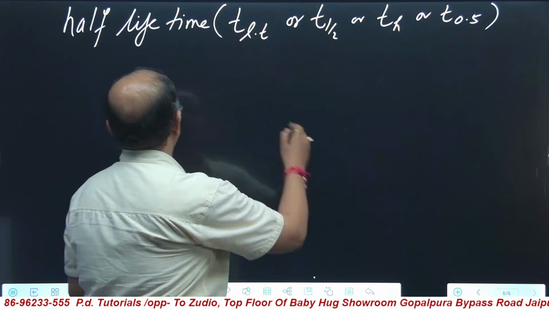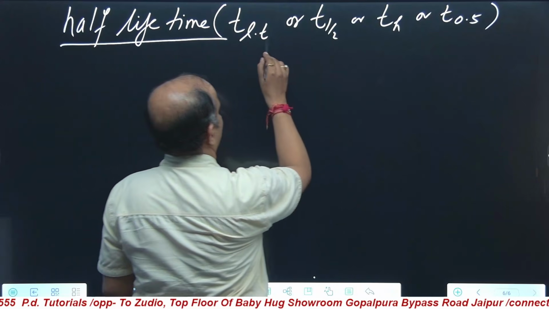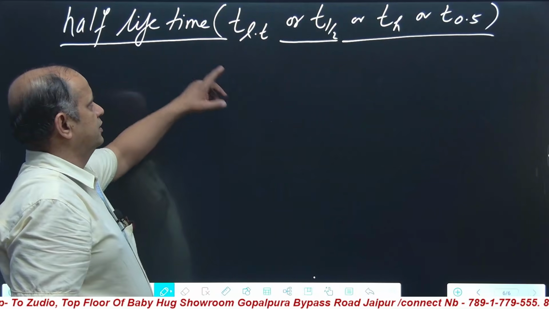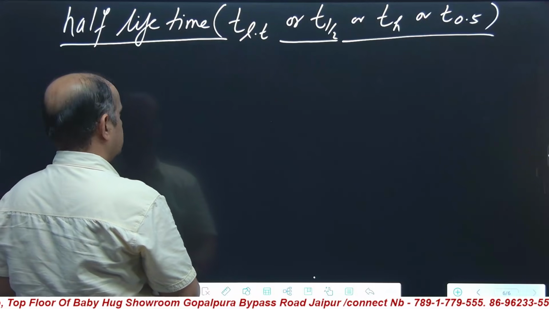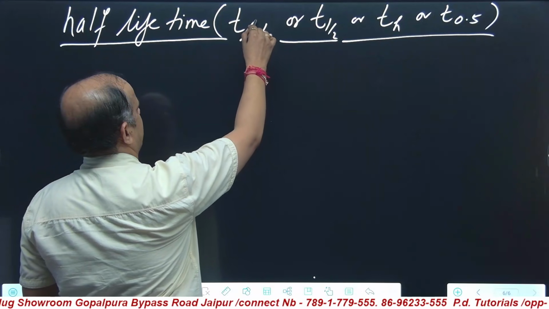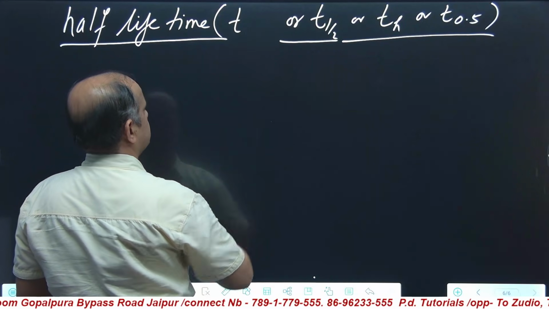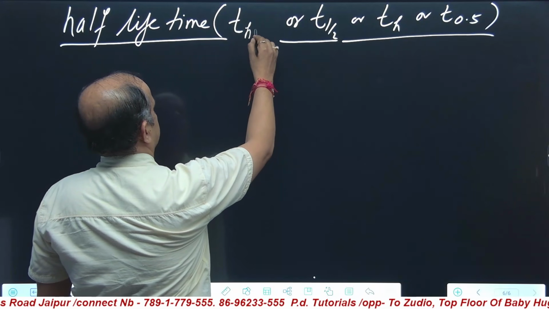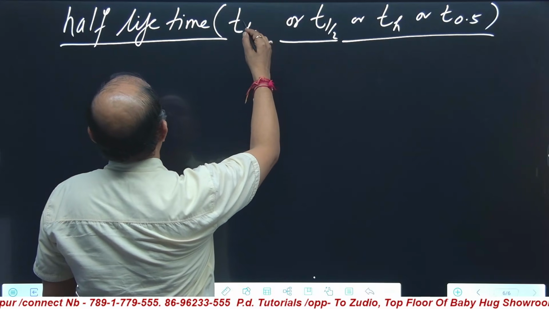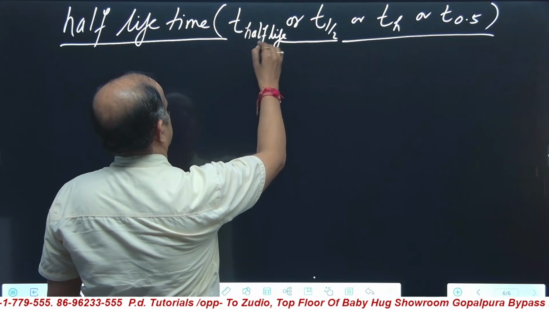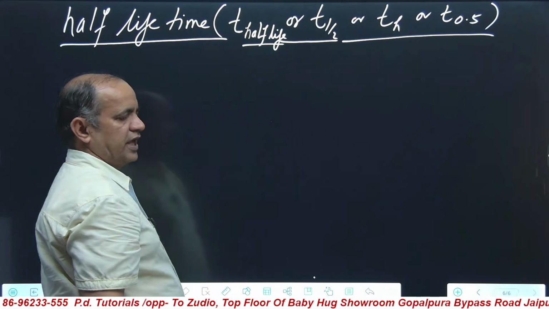These all are the symbols of half-life time. T_LT is lifetime. We are talking about half-life. Earlier we studied about lifetime.